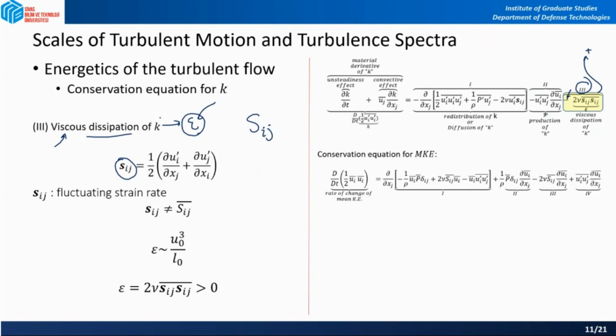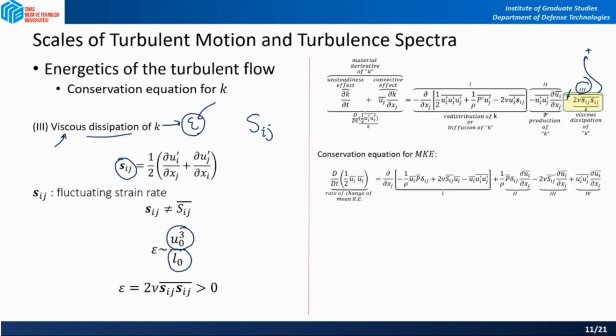If you remember, we talked about the energy cascade and how the smaller scales get dissipated, and how much energy they lose in one second. You remember this from a week before, and we called it the energy dissipation rate. We said that it is proportional to U0 cubed over L0. So this is exactly the same epsilon.